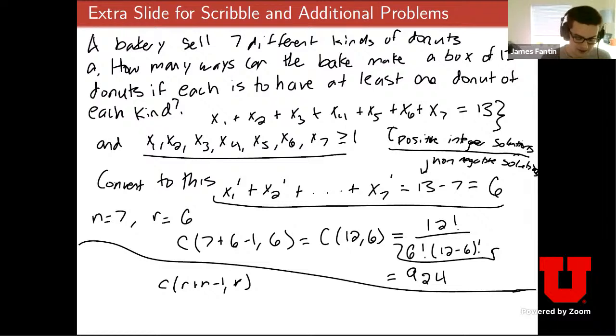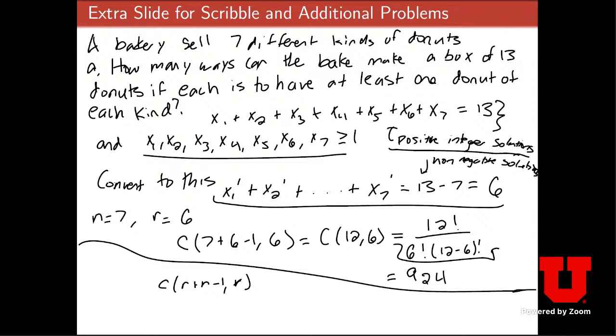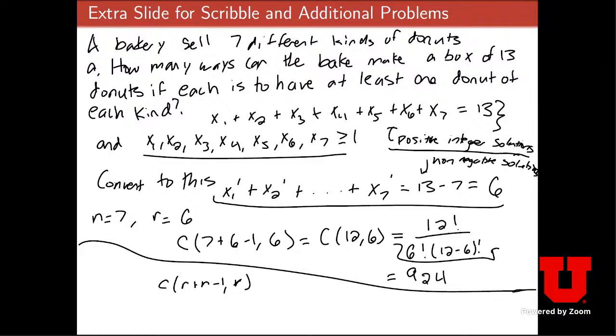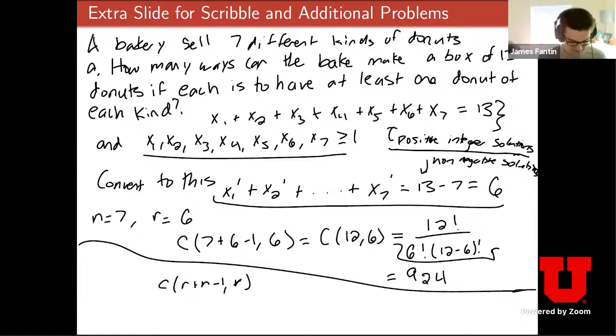So yes, we do allow repetition, but the ordering doesn't matter. Yes, this is a combination, so we allow repetition, and ordering doesn't matter. Okay, thanks. Yeah, no problem.